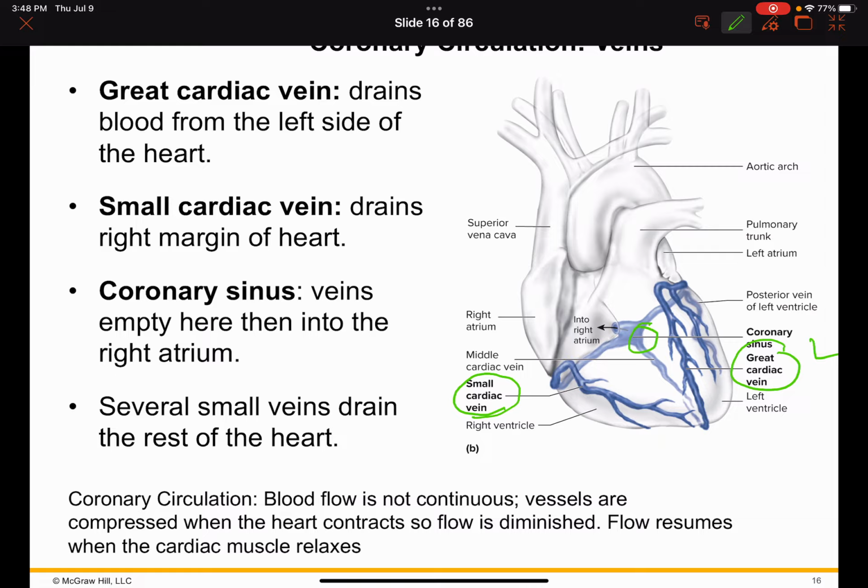Coronary sinus goes into what? That right atrium. So right atrium is getting blood from superior vena cava, inferior vena cava and coronary sinus, all of which are deoxygenated blood.